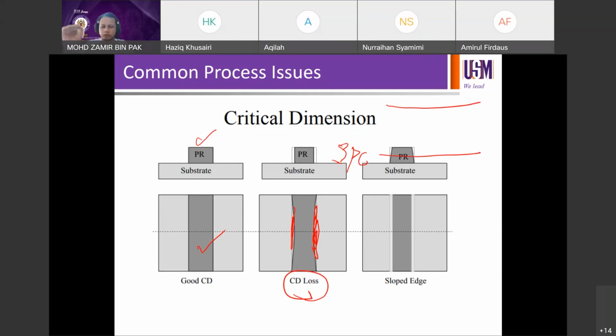It's super crucial. Your target is 100 nanometer. Pardon my sketch. Your fluctuation is plus minus 5. That is considered okay within the spec. So you're only okay between 95 to 105.